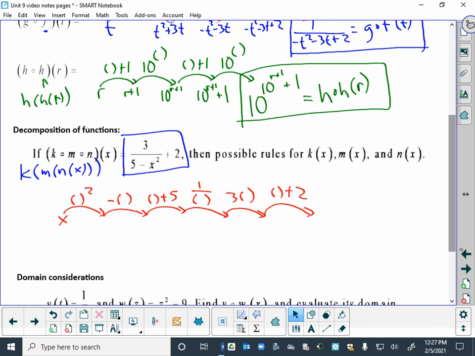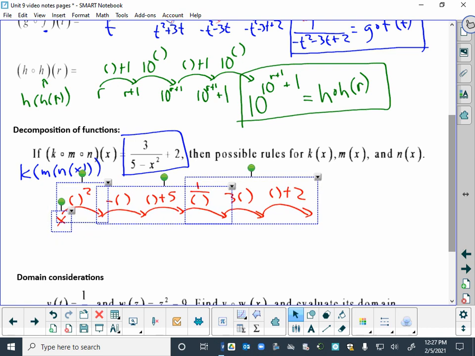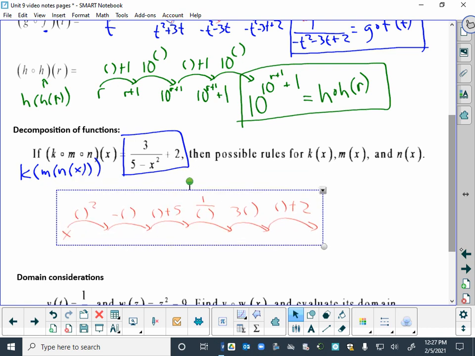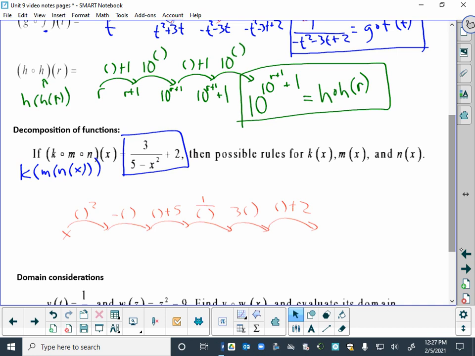Okay. So there are a number of arrows involved in this, 1, 2, 3, 4, 5, 6 of them, that I can see, and it wants possible rules for k and m and n.